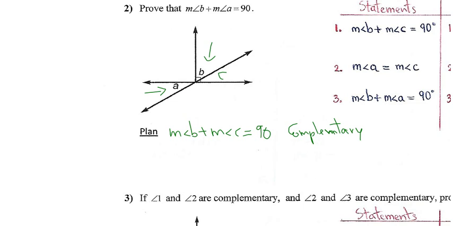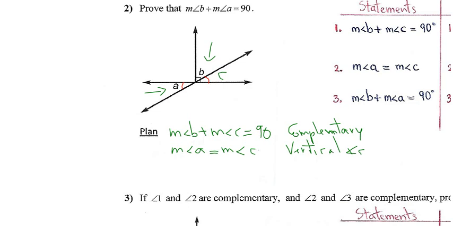And if you look at the diagram carefully, you can also notice that angle C and angle A are actually vertical angles. So they have the same measure, and we can write this down. The measure of angle A is equal to the measure of angle C because we have vertical angles. And we know that vertical angles are congruent, and so they have the same measure.